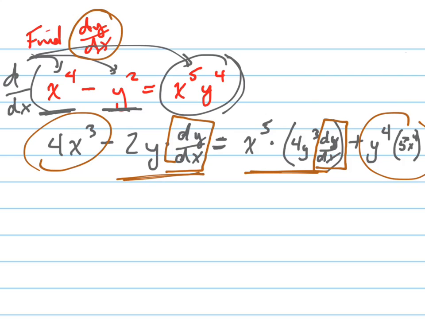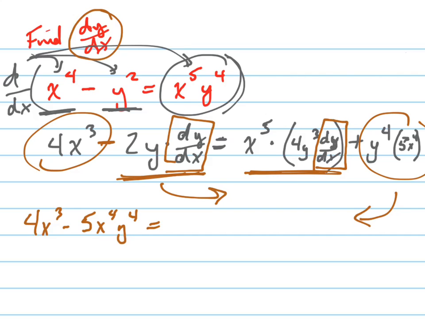Since this is a minus right here, let's move those to the right, and let's move these to the left. So it's 4x cubed minus 5x to the fourth, y to the fourth, equals, I'm moving this now to the right side.